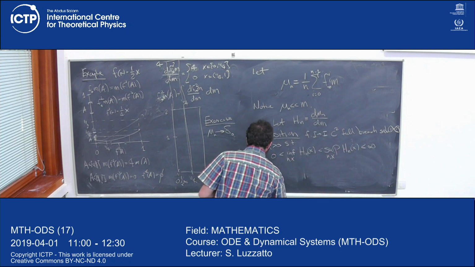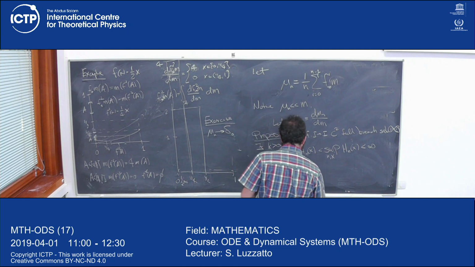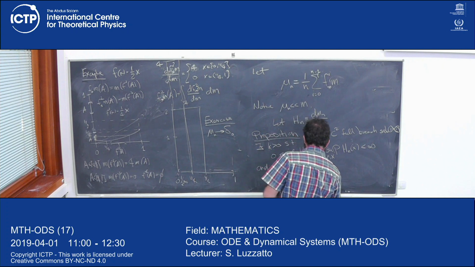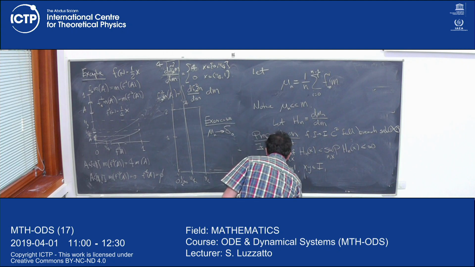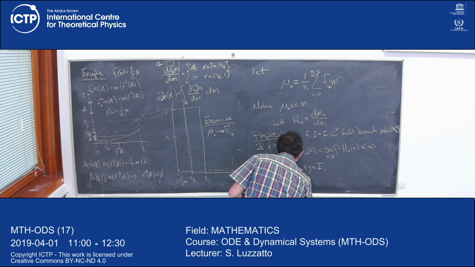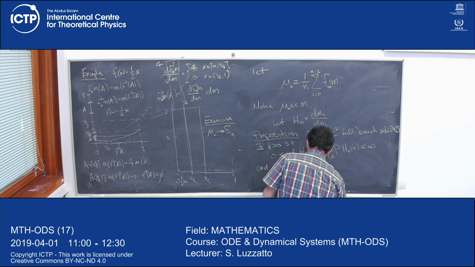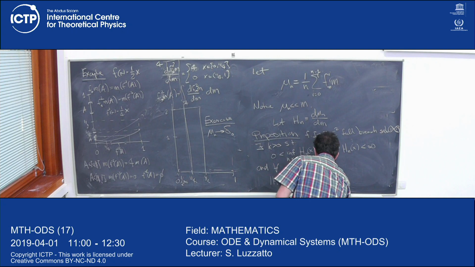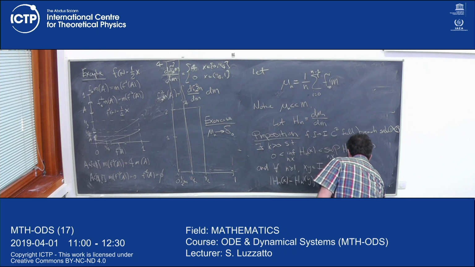And two, for all n greater than or equal to 1 and all x, y in the interval, we have that hn of x minus hn of y is less than or equal to k times hn of x times |x minus y|.